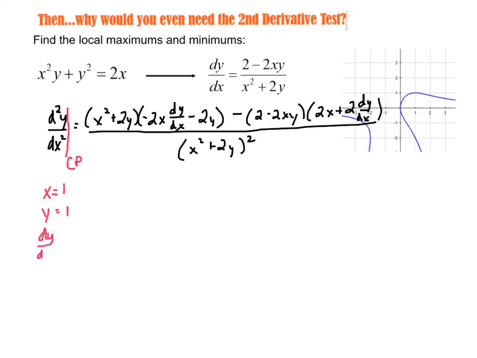That's what we solved for. dy dx is equal to 0. So we start plugging that in. 1 squared plus 2 times 1, it's 3. Negative 2 times 1 times 0 minus 2 times 1 is negative 2.